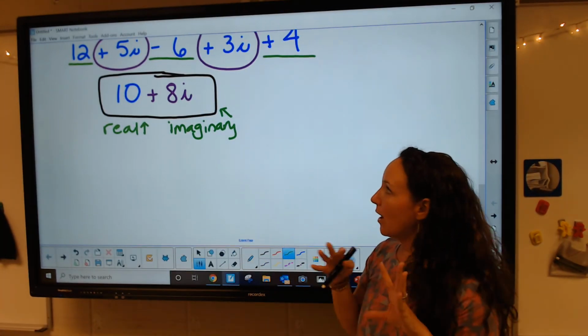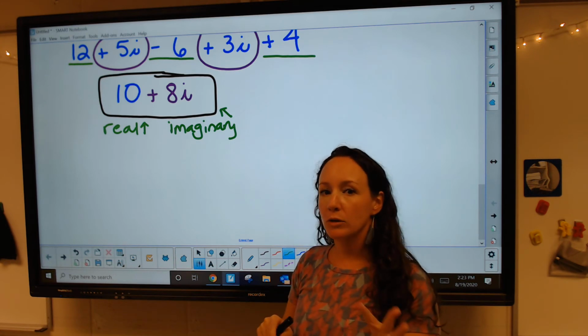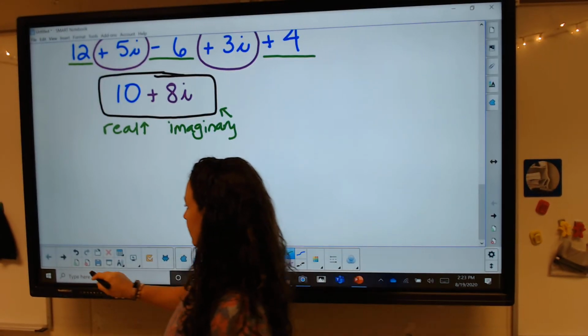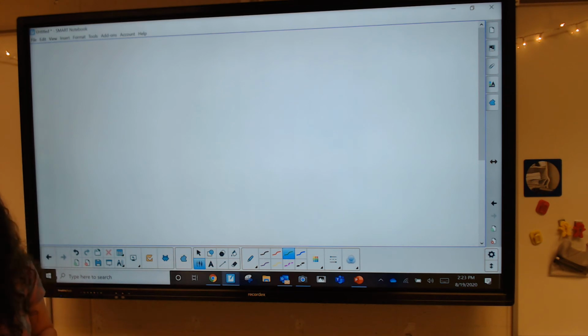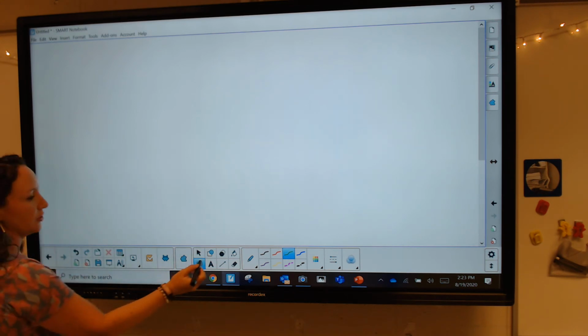Okay, so the problems are going to look a little different. Let me show you what the problems look like. We are going to first add, and then we're going to talk about subtraction.